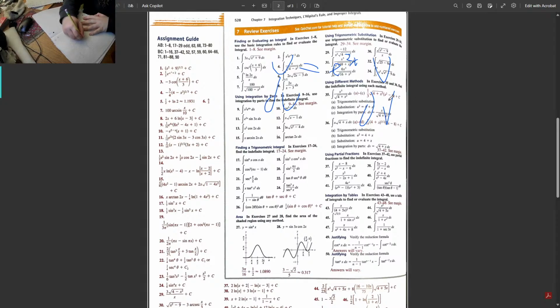So u equals e to the 2x, dv equals sine 3x. Now I have to find out what I would have to differentiate to get sine 3x. And the question, what do I have to differentiate in order to get this expression, is in fact what an integral is. So that's just the integral of sine 3x. I think it's going to be negative 1/3 cosine 3x.